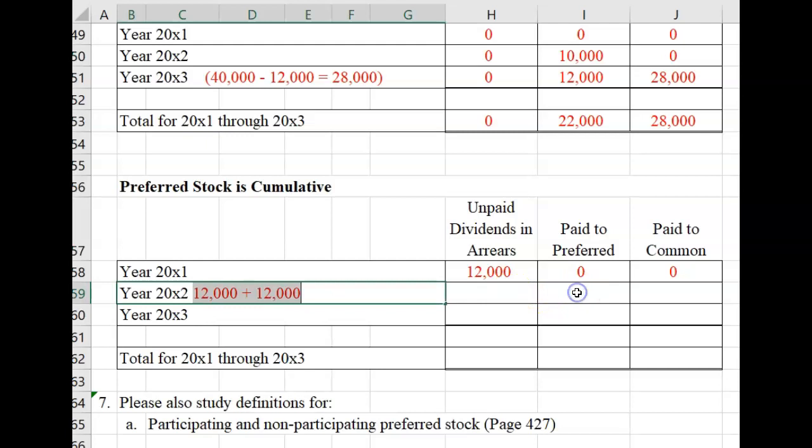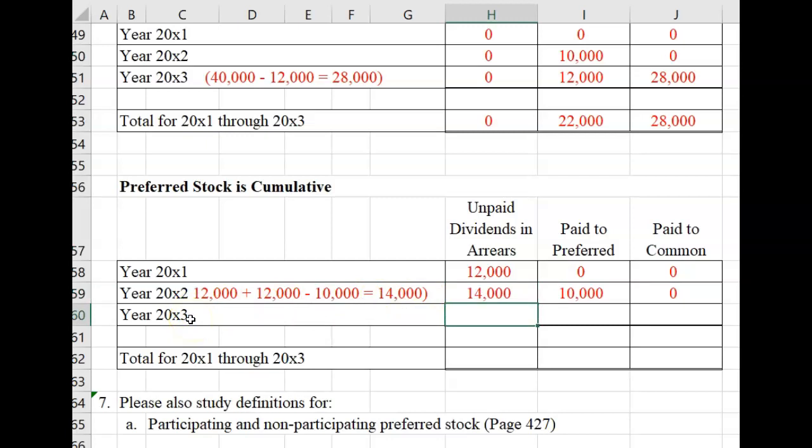So we give all of it to the preferred shareholders and nothing to common. Now let's figure out how much dividends are unpaid at the end of year 2. $12,000 unpaid from year 1 plus $12,000 due for year 2 minus $10,000 actually paid to them in year 2 leaves $14,000 in dividends in arrears at the end of year 2.